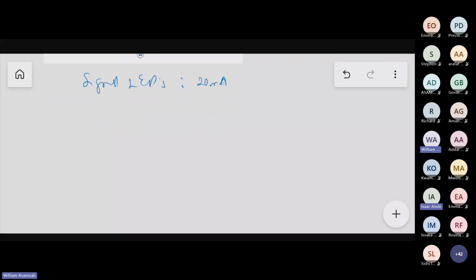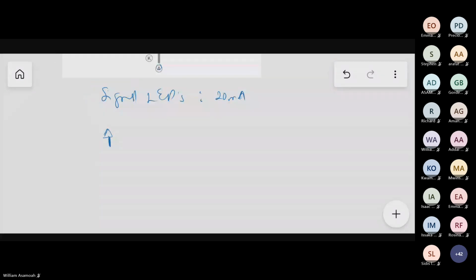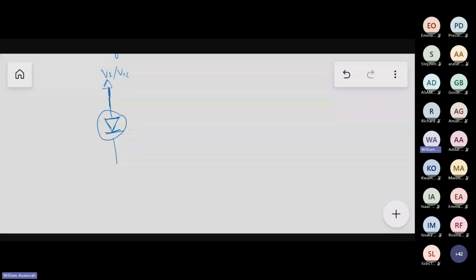Now, look at something here. Let's say I'm connecting my diode. I have this circuit, VS or VCC here, then my circuit here. If I connect my diode like this, this is the symbol for LEDs with the light, and I connect it straight, what happens is that if there is no resistor on this line, this current threshold will be exceeded.